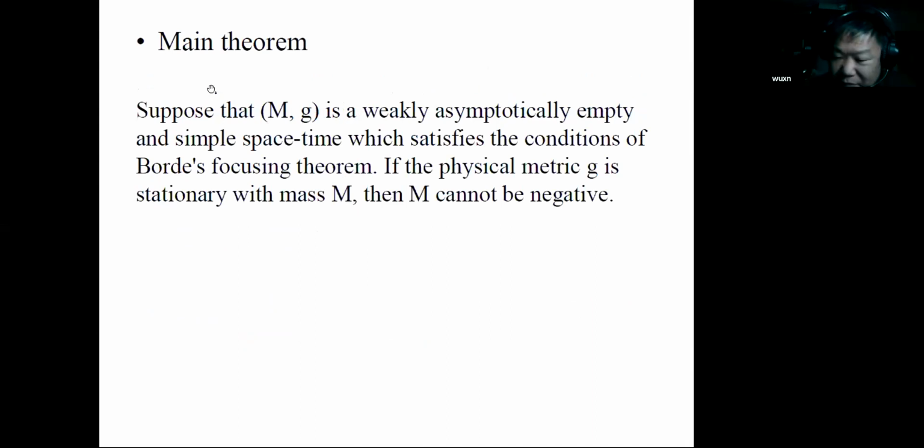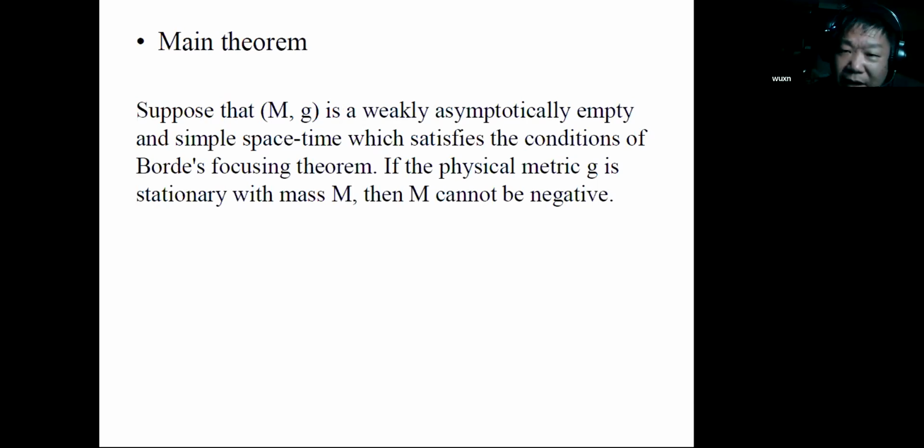Now, based on these things, we can state our main result. Suppose that (M, g) is a weakly asymptotically empty and simple spacetime. Here we only need weakly asymptotically simple spacetime. That means it is not the case that every null geodesic is complete.